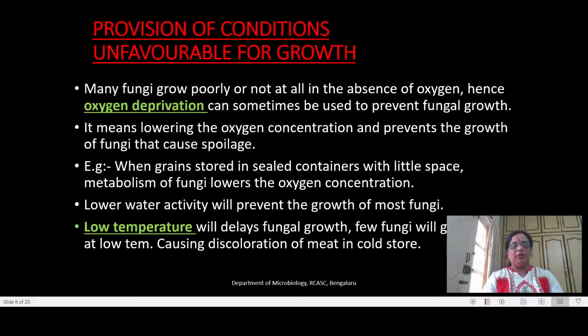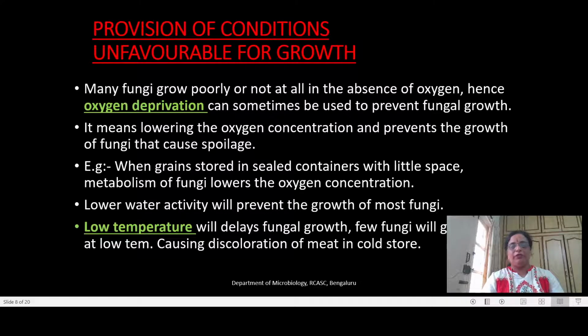Say for example, when we store grains in a sealed container with little space, the oxygen level is low, so the metabolism of the fungi will also be lower. So we inhibit the growth of fungi by providing less oxygen or no oxygen in that region. Also, lowering the water activity will prevent fungal growth.